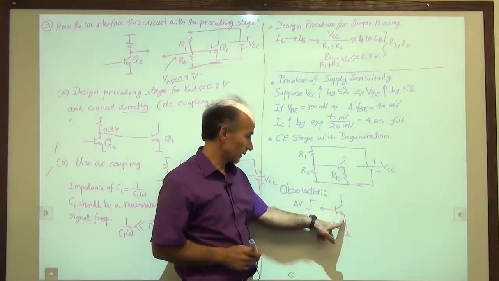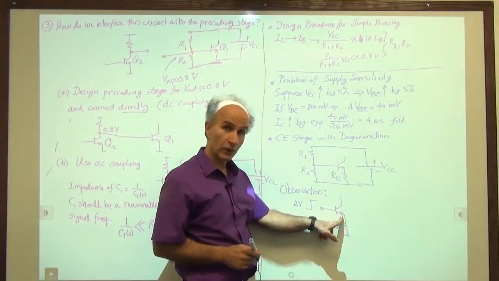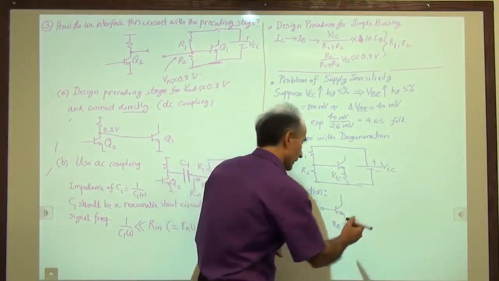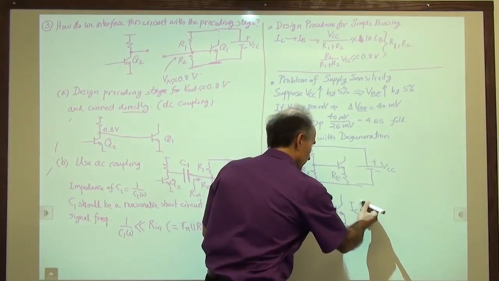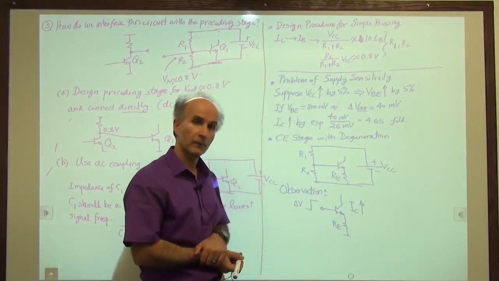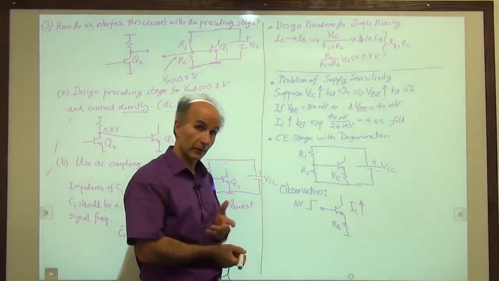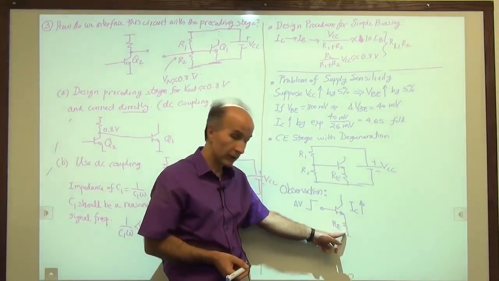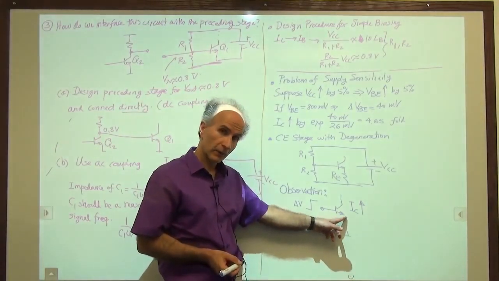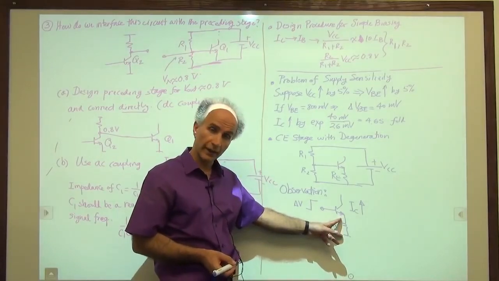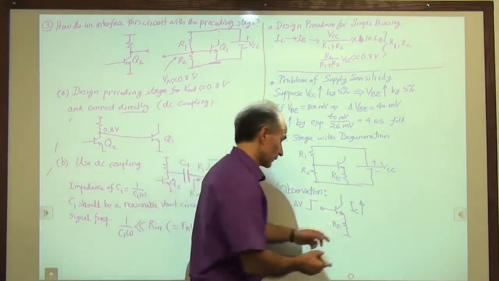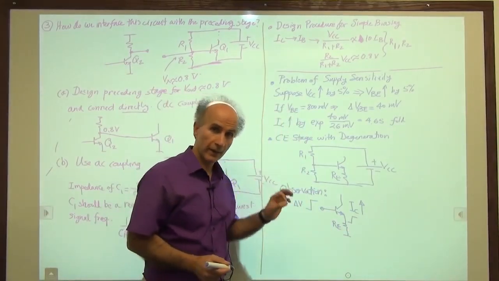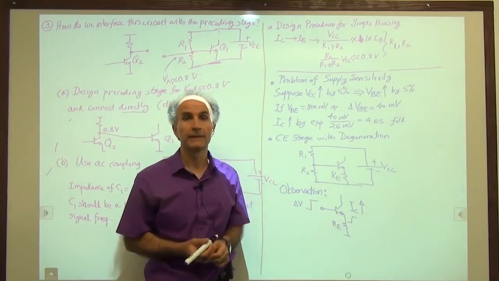The base voltage goes up, the emitter doesn't change, so the base emitter voltage increases, which means IC must increase. If IC increases, the emitter current also increases. They're approximately equal. So the current through this resistor increases. If the current through the resistor increases, the voltage on it must increase. So this point has to go up. That contradicts our assumption that this voltage is constant.